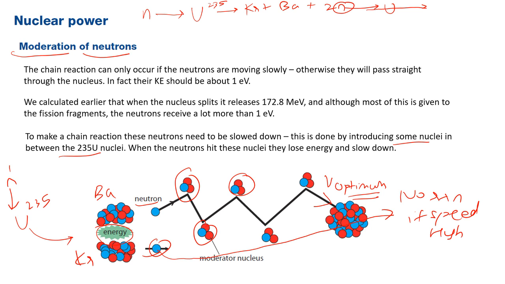Just to confirm from the previous slide, all we needed to know is that one fission reaction releases around 112.5 MeV. Yes.